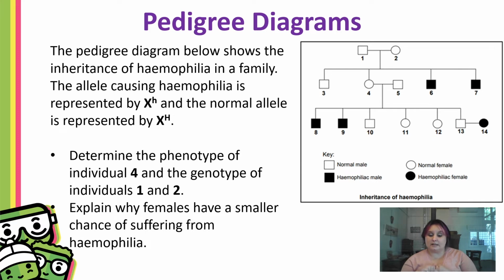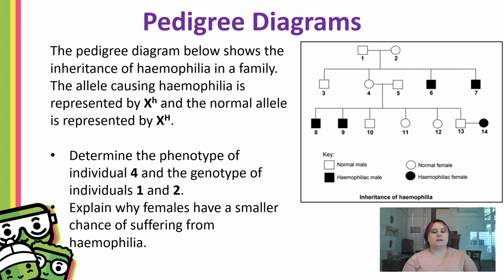If the square is colored in or black inside, then it is representing a male that suffers from hemophilia. Then, females are represented by circles. Again, a white circle or a not colored in circle is a normal female. And a colored in or black circle is a female that suffers from hemophilia. So we can tell all of that information just from looking at the picture.